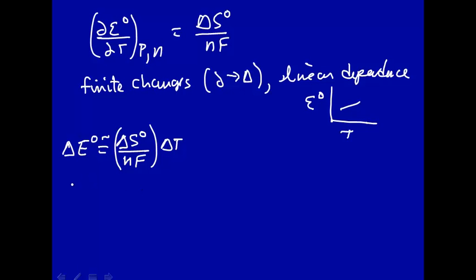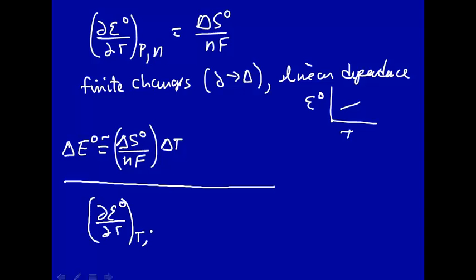Similarly here, we had how E0 changes with pressure at constant temperature and number of moles. That was equal to minus delta V over nF.